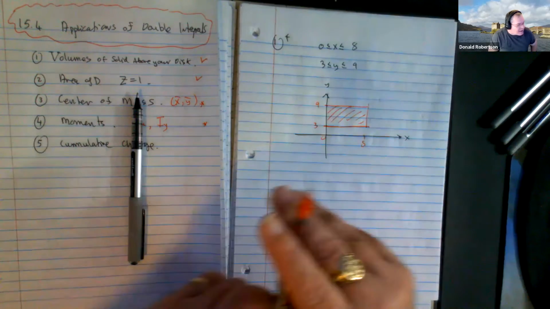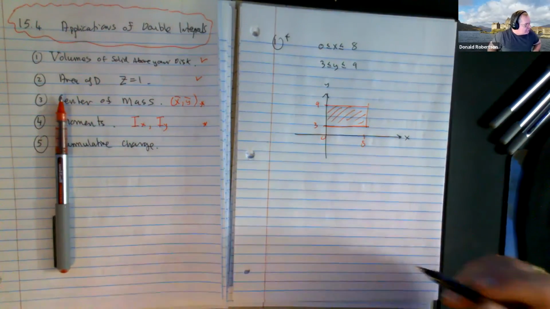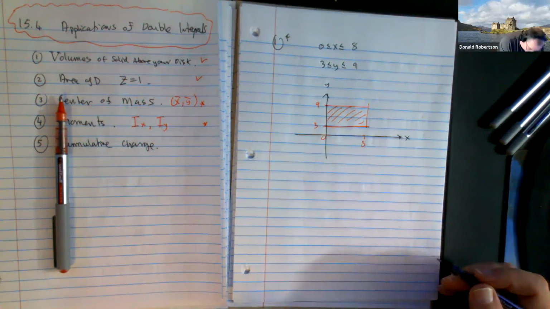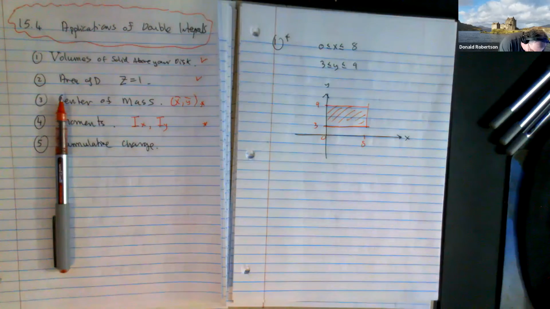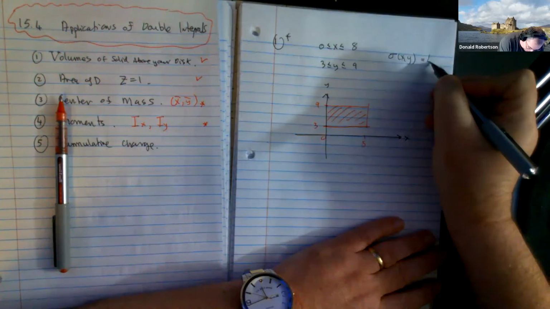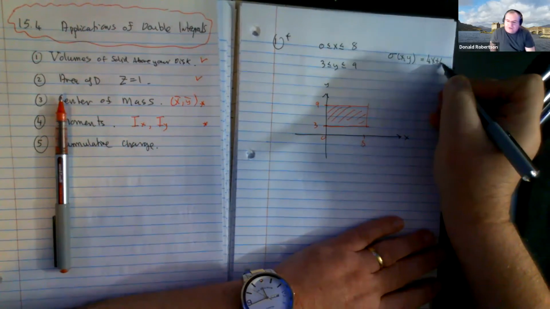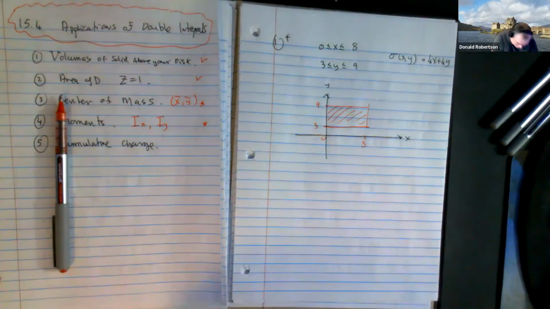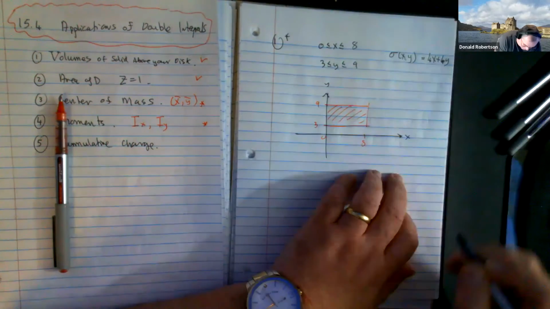On this metal plate, there is a charge density function called sigma. At any given point, the amount of charge is described by 4 times the x plus 6 times the y.